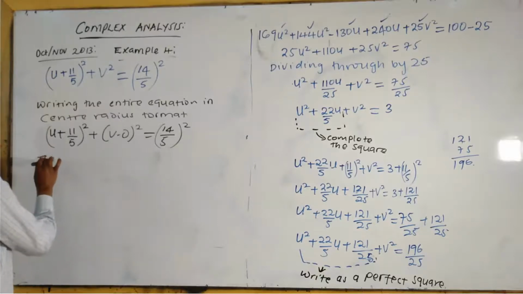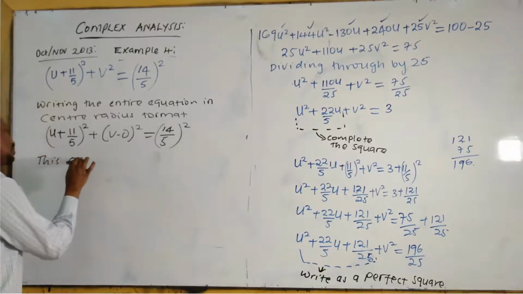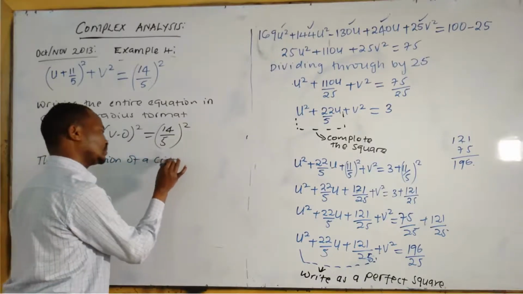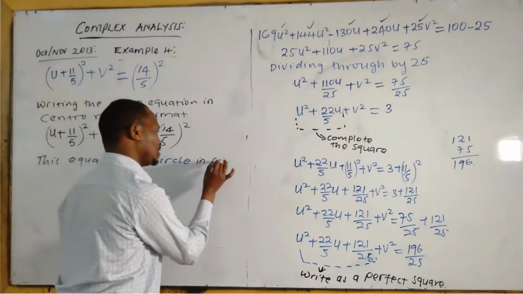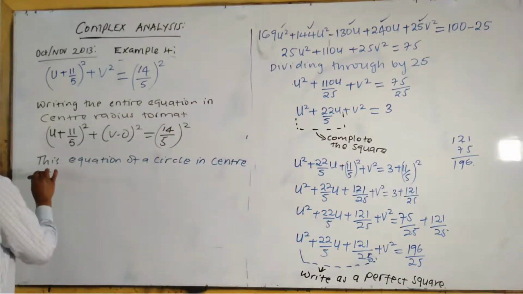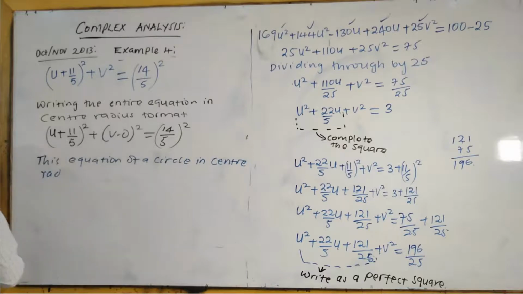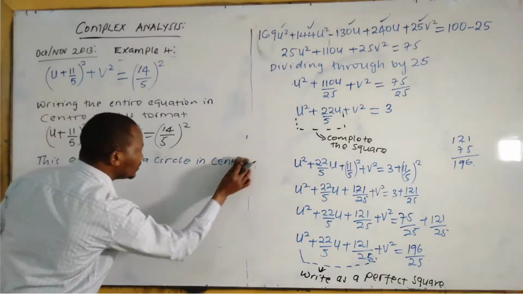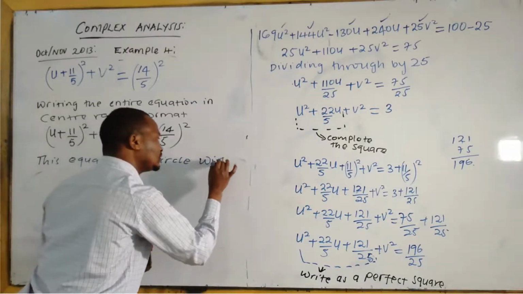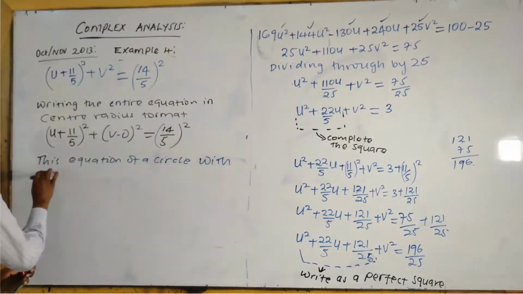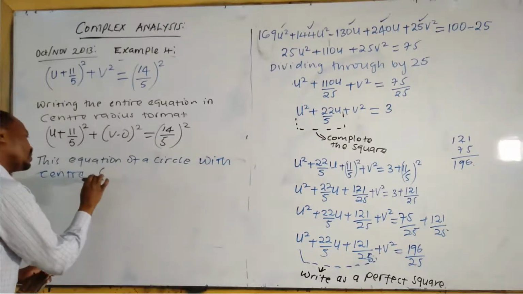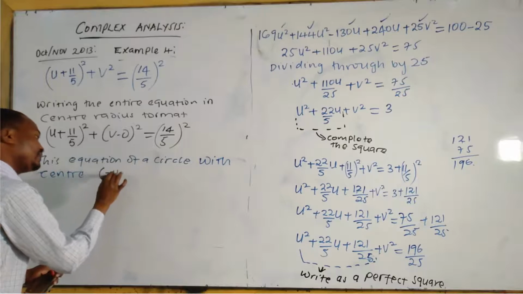This is the equation of a circle in center-radius format, a circle with center negative 11 over 5.